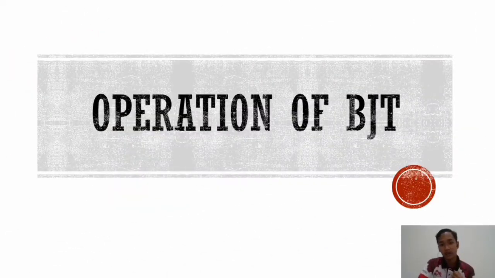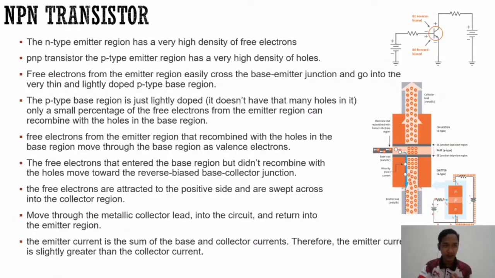Okay, what is the operation of BJT? For this NPN transistor, the N-type emitter region has a very high density of free electrons. Okay, next, the PNP transistor, the P-type emitter region has a very high density of holes. Free electrons from the emitter region easily cross the base-emitter junction and go into the very thin and lightly doped P-type base.